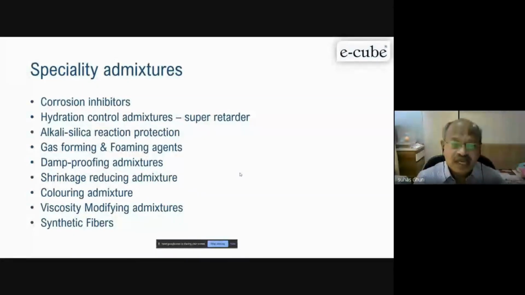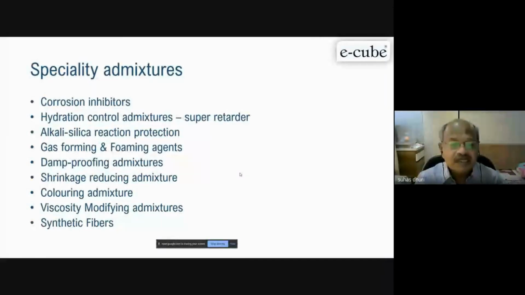I can use VMA, viscosity modifying agents. Once you add this, you will find concrete becomes very, very cohesive. Most of the self-compacting concrete we design uses viscosity modifying agent, where we know it doesn't need any external energy to vibrate or consolidate. So that is possible.